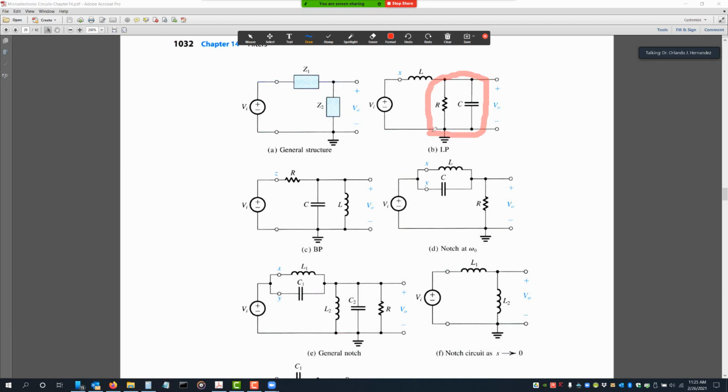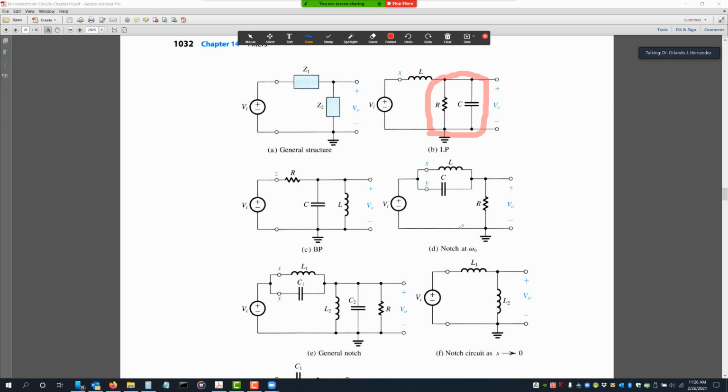If we configure it this way, we have a low pass. And you can see how that comes along. If we put the capacitor and the inductor in parallel as the zero impedance, we have a bandpass.